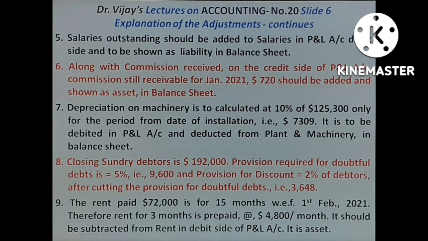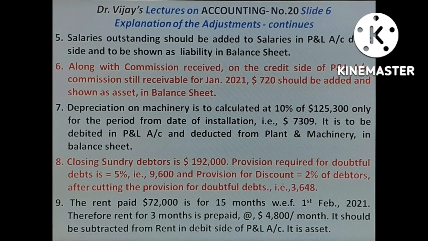Old provision as given in trial balance is 4,800. So this new provision minus old provision, that is 9,600 minus that old provision 4,800, that we have to show in profit loss account debit side.